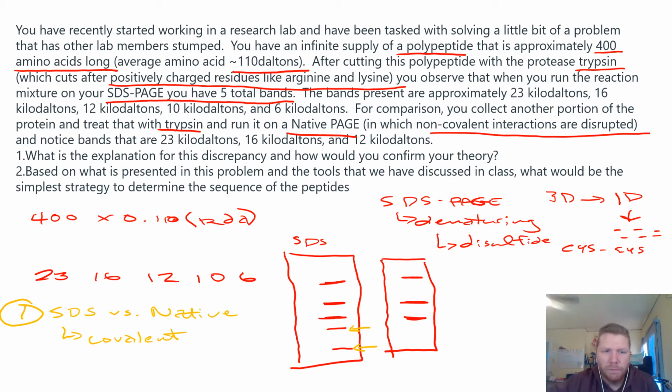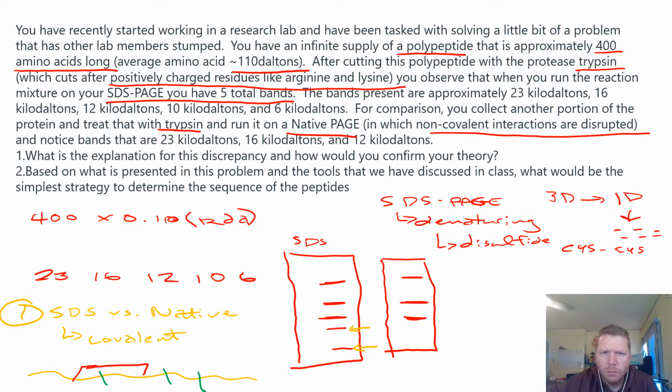So effectively, the answer to this question is you have a polypeptide, and I'm just going to draw this as a linear structure. We have a disulfide bond that connects two cysteine residues. And the way that trypsin's going to cut is it's going to cut here, here, here.